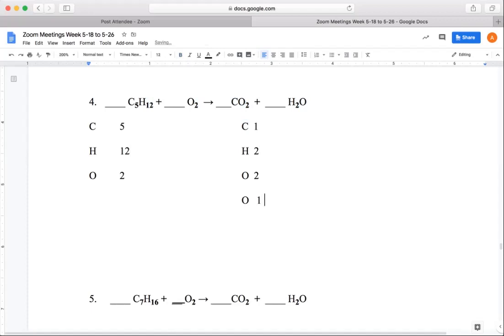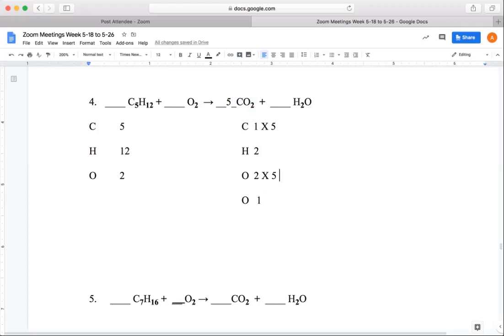So we're gonna have to figure out how to balance this. We're gonna have to multiply this side by 5. We're gonna put this 5 in front of the carbon and the oxygen. So we're gonna have to multiply this by 5 as well.